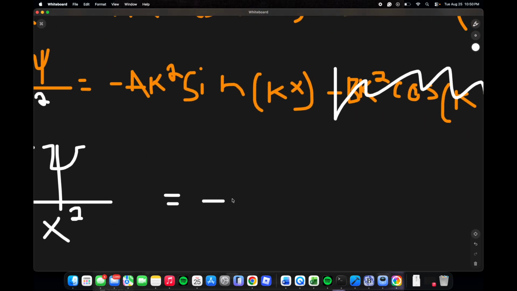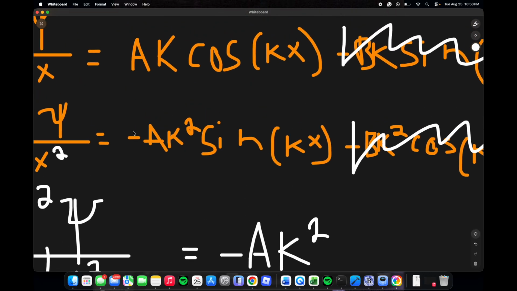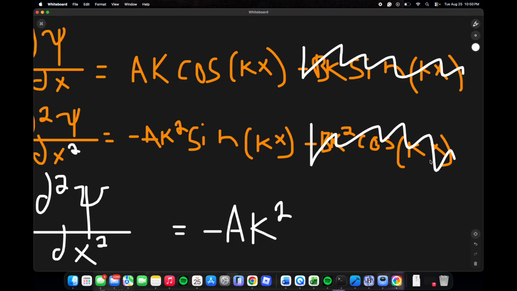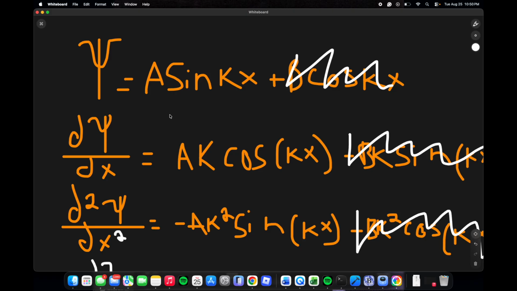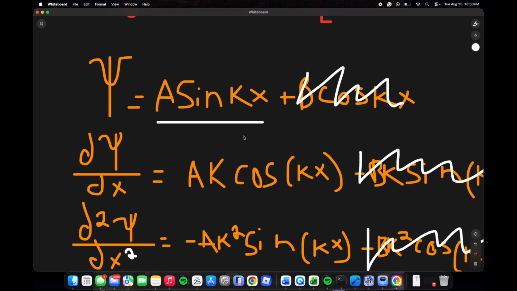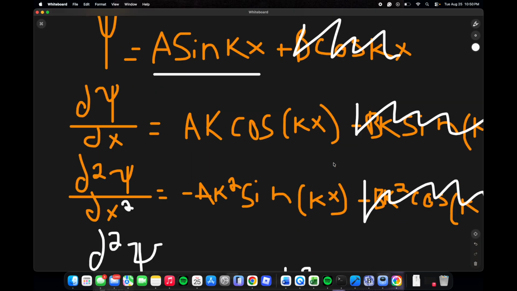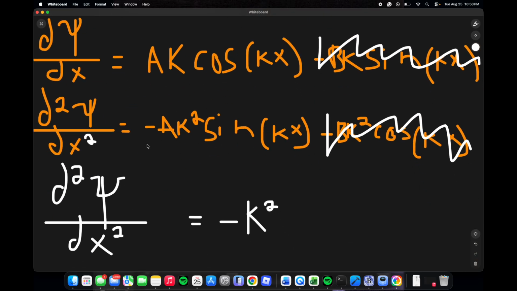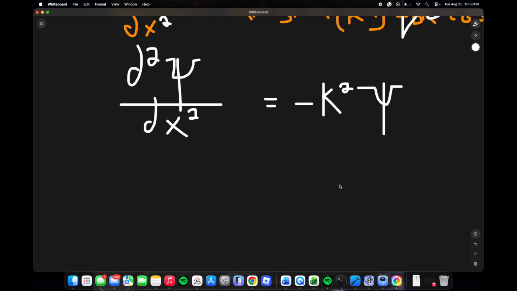Negative, and then notice that it's a k squared, and we can simplify the a and the sine, because if you remember, our initial idea is that this is some sort of sine wave, okay? Shifted whatnot, any wave defined as a sine wave, and we can simply take that component here and simplify that as our function, okay? That's an important distinction to make.